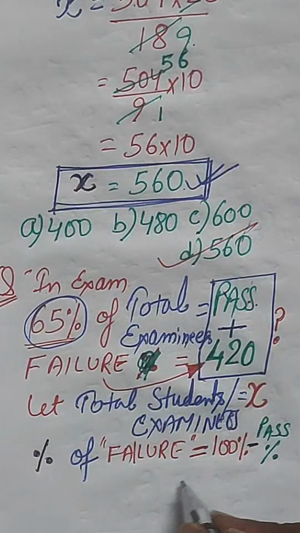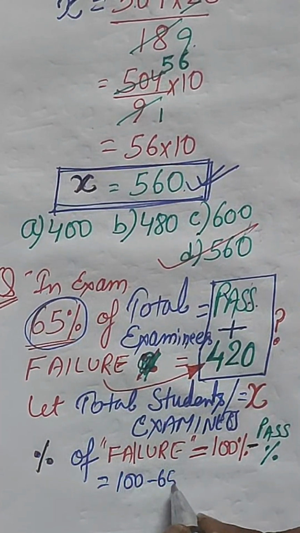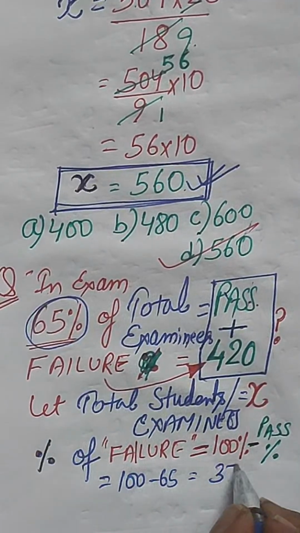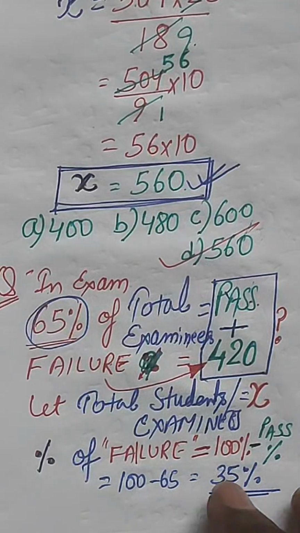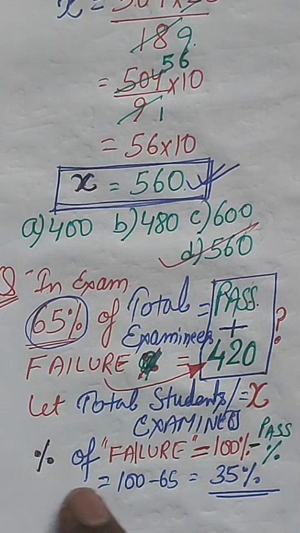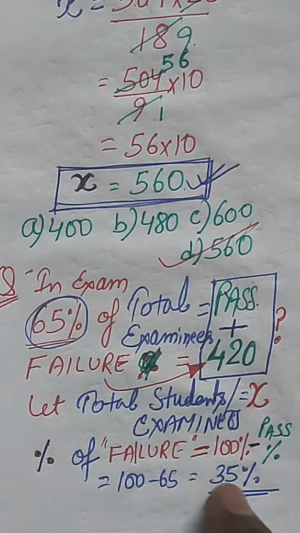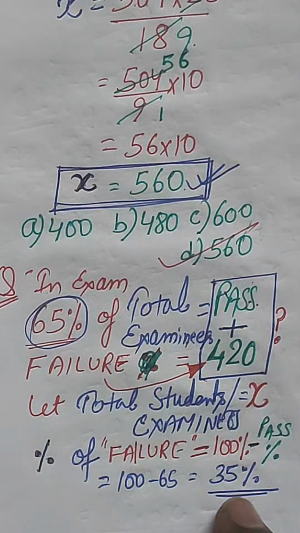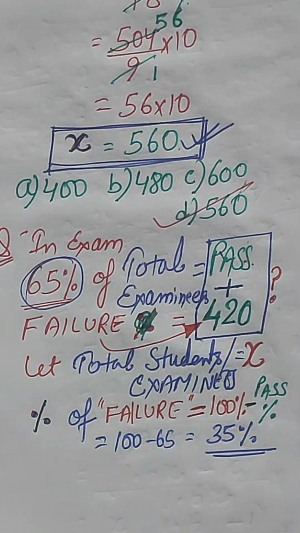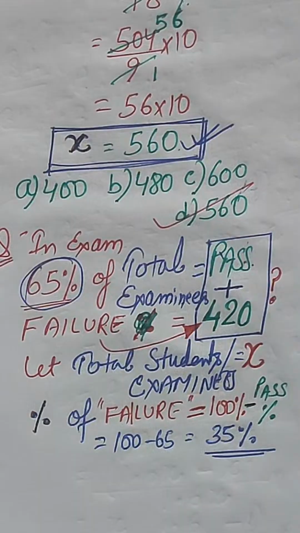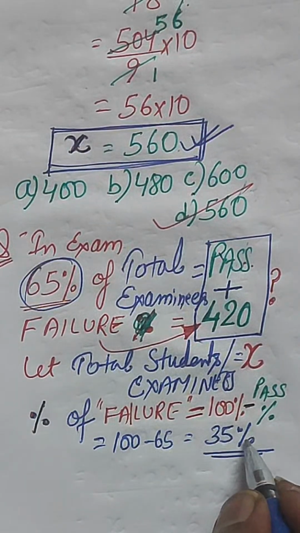So 100 minus 65 is giving you 35%. Oh, only 35, sorry. So pass is known to you as 65, now the failure is 35. Many students failed, 35% of the total count.